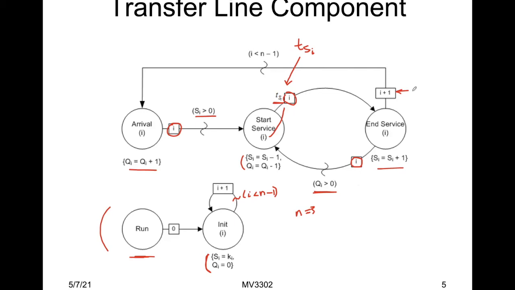At the last station, there is no next station, so we just don't do anything. How do we know when we're at the last station? If our station is equal to n-1, because n-1 is the last station. So the edge condition on this scheduling edge from end service to arrival is that I is less than n-1.